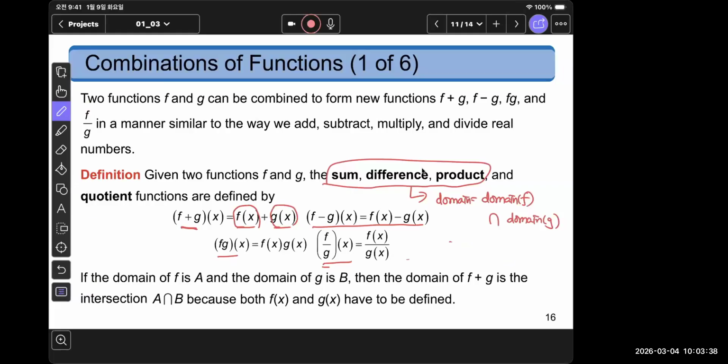So the domain of f over g will be all the x values such that x belongs to the domain of f and domain of g, and also g of x cannot be 0. So such x will define the domain of f over g.